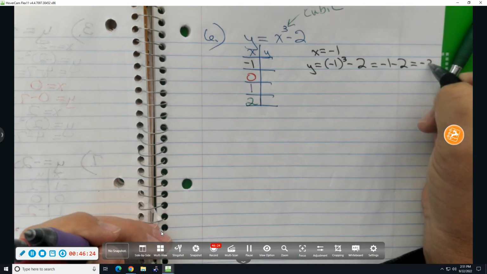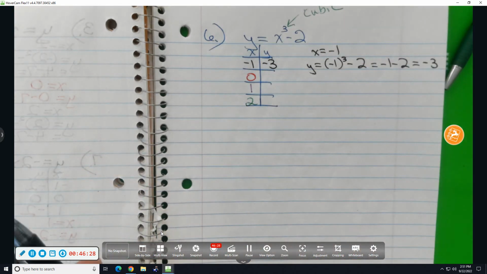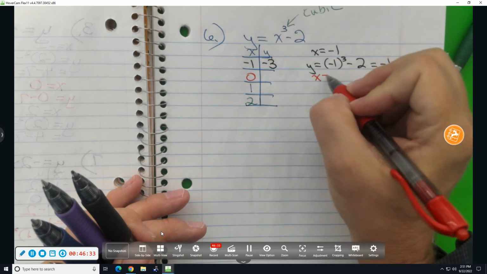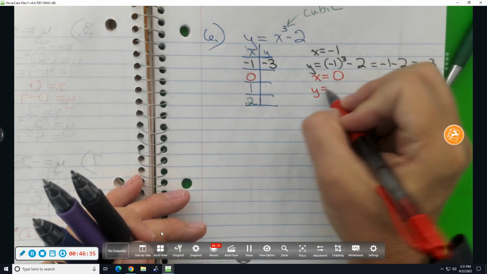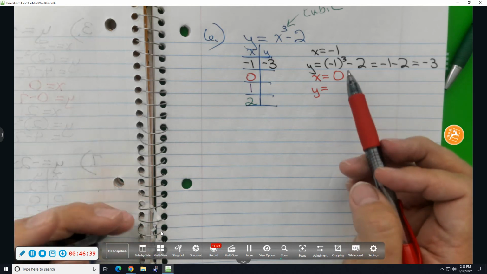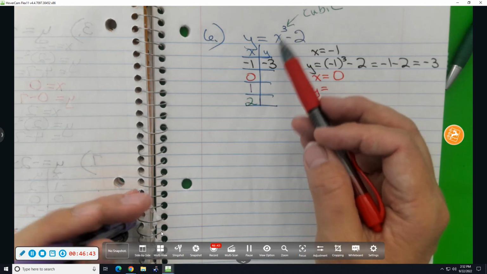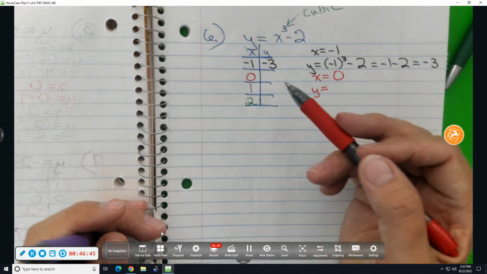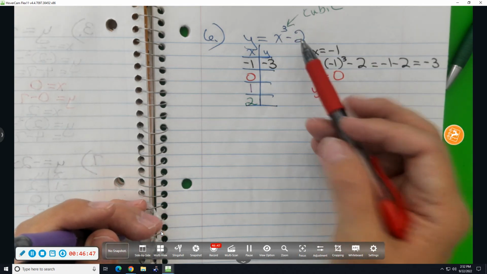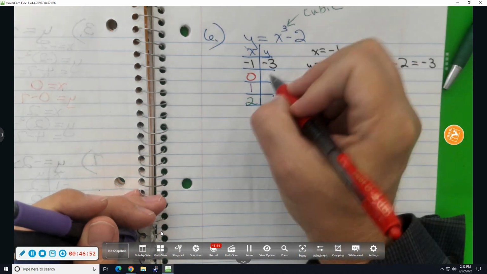So that gives us a y value of negative 3. Now we'll plug in 0. Anything times 0, even itself, equals 0, so it would just be y equals 0 minus 2, which equals negative 2. That's why I like to plug in 0, okay? Because any term with x is going to become 0. 0 cubed is 0 minus 2. I agree, it's just a negative 2.